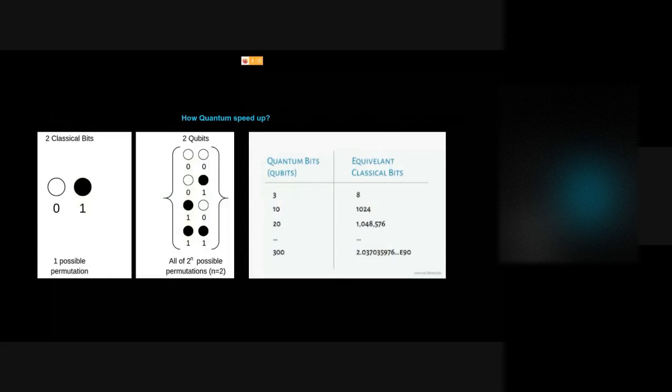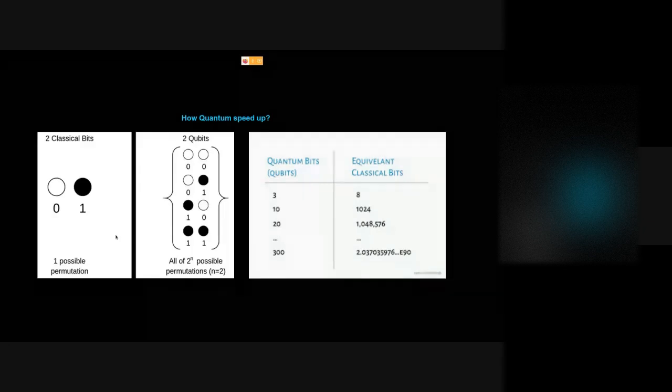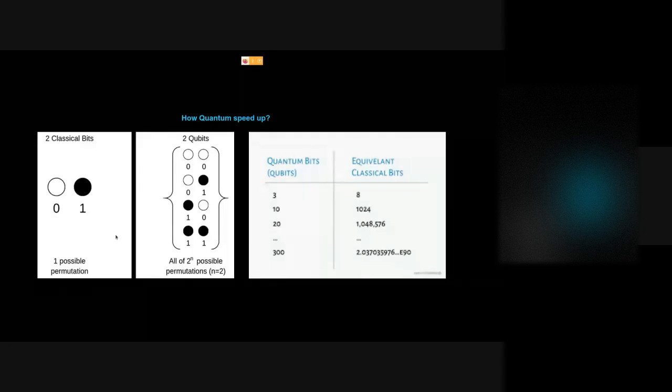I'll show you over here. In classical computing, we have 0 or 1 as the possible permutation. But if we have two qubits, they can be anything when they collapse. So we get these four options: 00, 01, 10, 11. If there are two classical bits, they will hold two states.